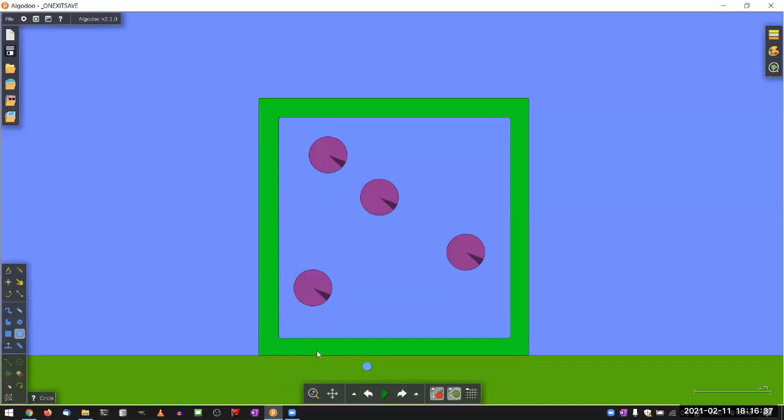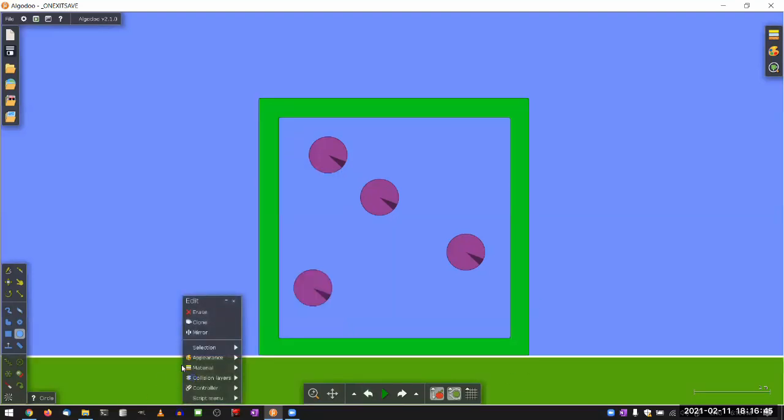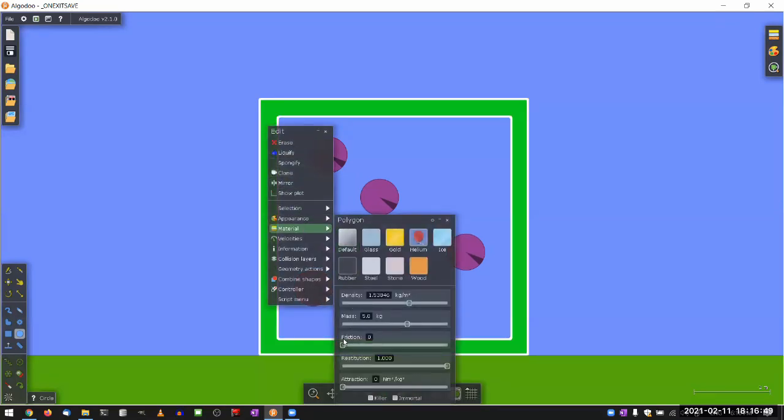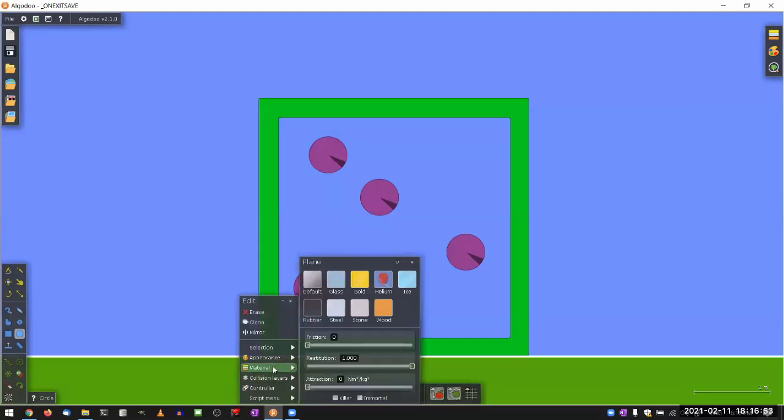There are some features here. One that I think is important to explain is that the friction between this box and the ground is 0. So let me show you the material property here. Friction, that's 0. And here, material property, friction, it's 0.